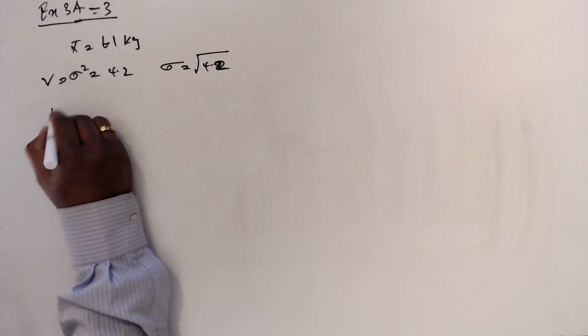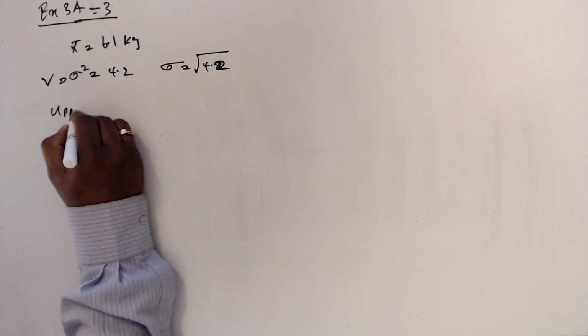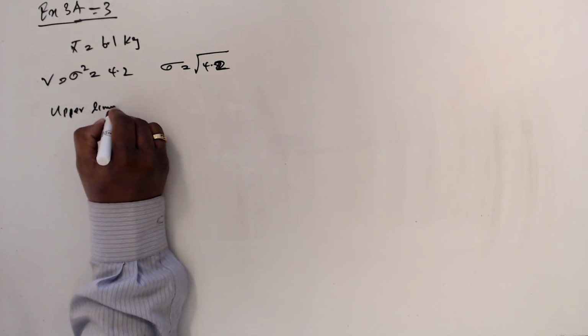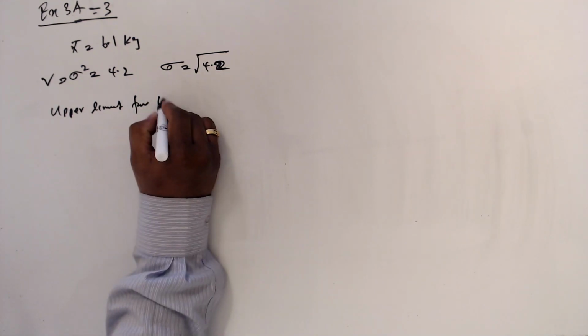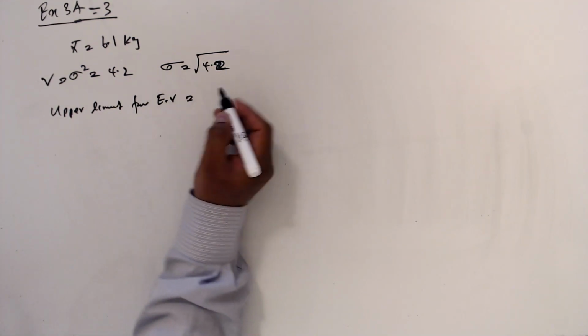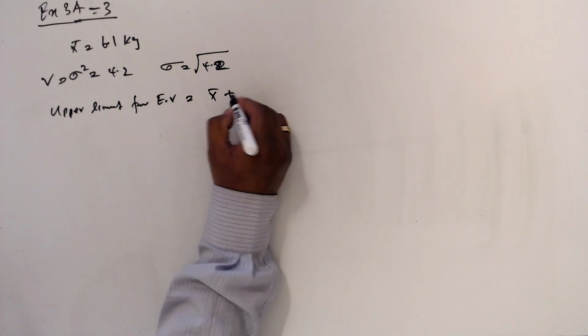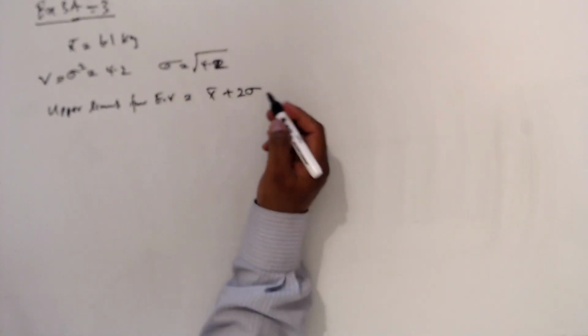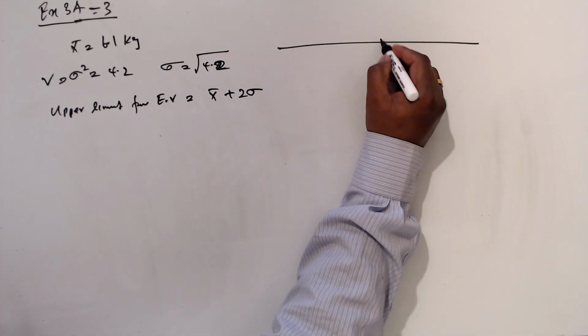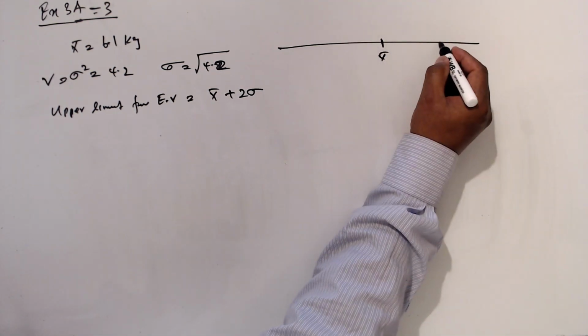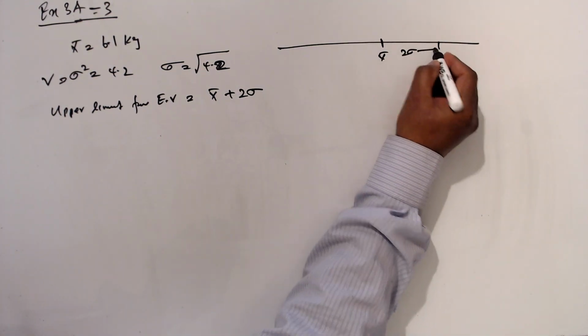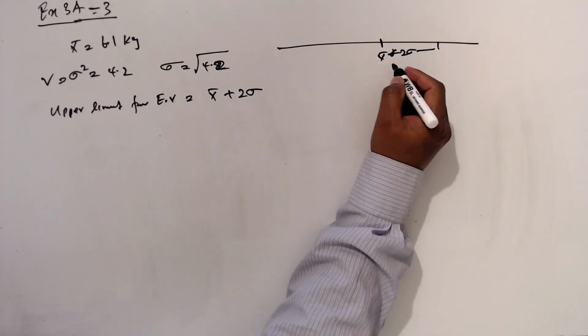So then upper limit for extreme values is x bar plus 2 times sigma. Now it is going with not the upper quartile, x bar plus this distance, which is 2 times sigma.